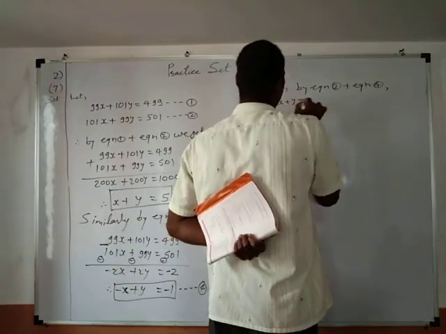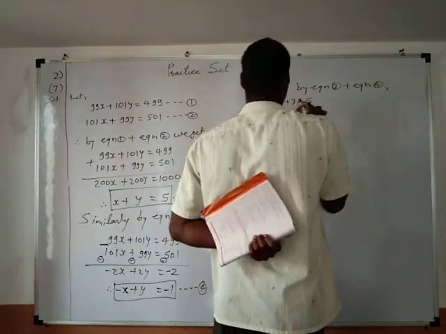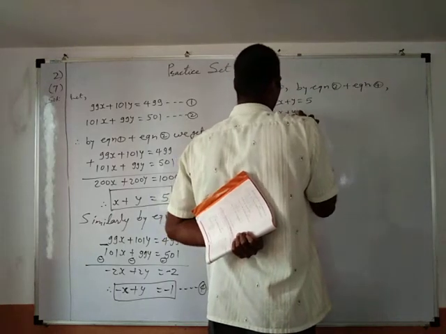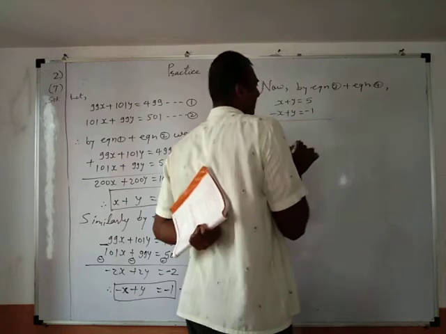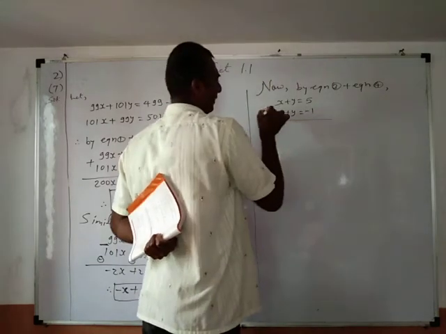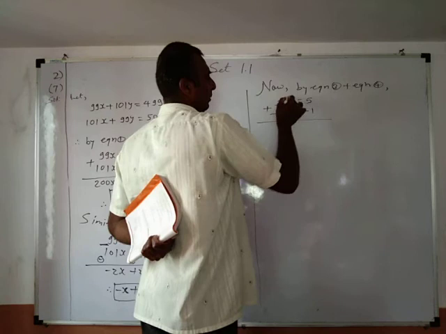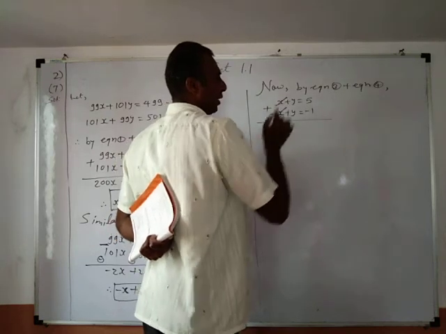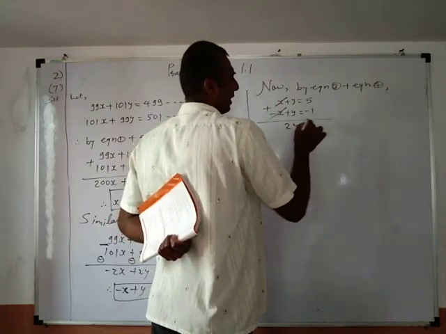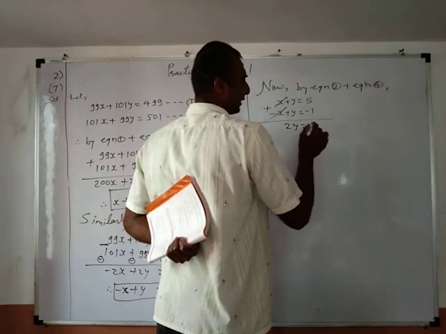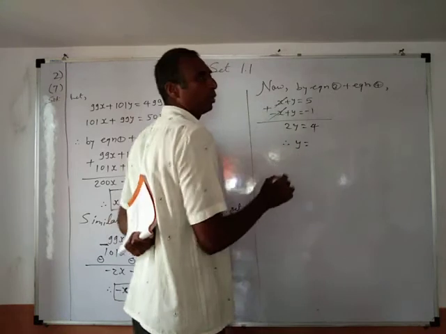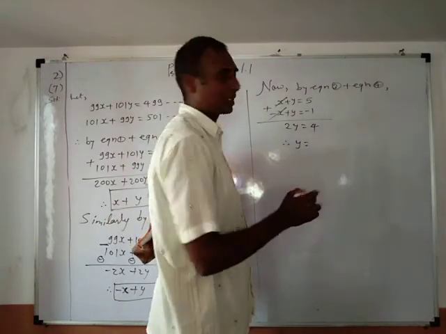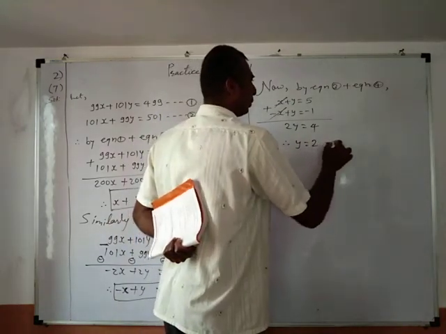As the operation is addition, let's write a plus sign in between them. Plus x minus x will get cancelled. y plus y gives us 2y, and 5 minus 1 is nothing but 4, and therefore y equal to 4 upon 2. 2 1s are 2, 2 2s are 4, means y equal to 2.